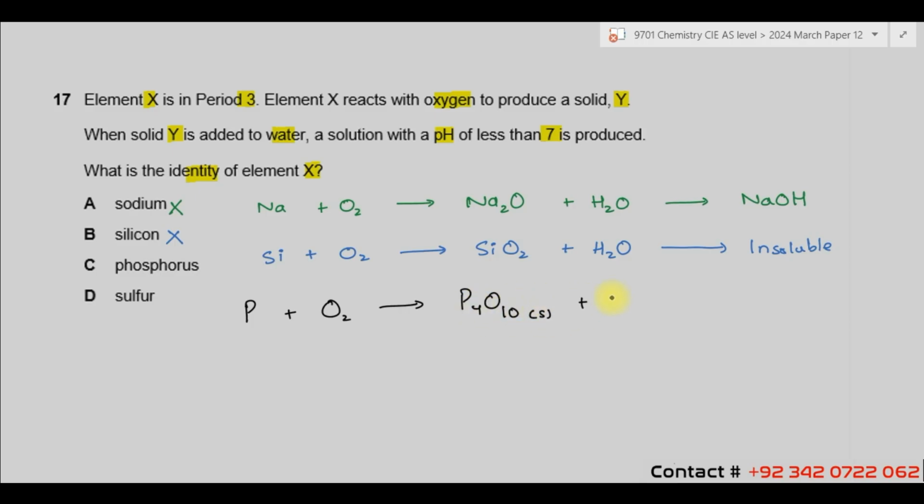This is non-metal oxide, so it can react with water to form acidic solution. We have H3PO4 aqueous. So the pH can be less than 7. Then we have sulfur. For sulfur, it reacts with oxygen to form sulfur dioxide or sulfur trioxide gas, so it does not produce a solid Y. Correct answer is C.